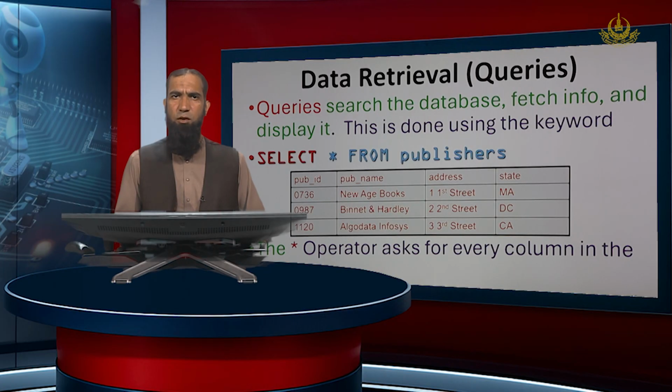It's convenient when exploring data but not recommended in production queries because it can be inefficient and may expose unnecessary data. This query, as given on the screen, retrieves every record and every field from the publishers table. In professional practice, it's better to select only the columns you actually need, such as select publisher name, city from publisher.